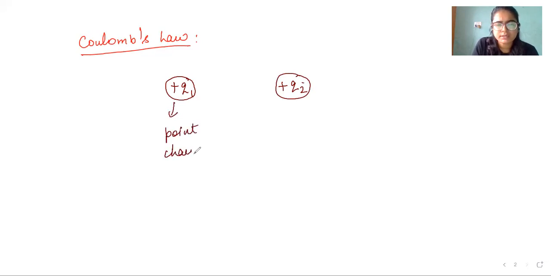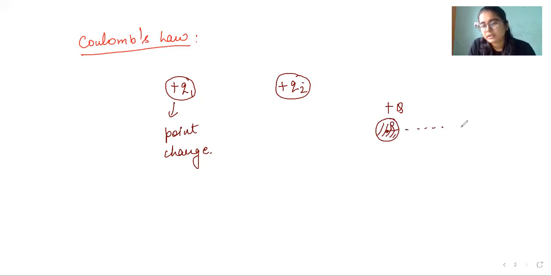What do you understand by point charges? You already know that charge will be on some body, some mass, and the body will have its size also. Suppose this is a body having plus Q charge. Now it will have its size, that means its radius, obviously.